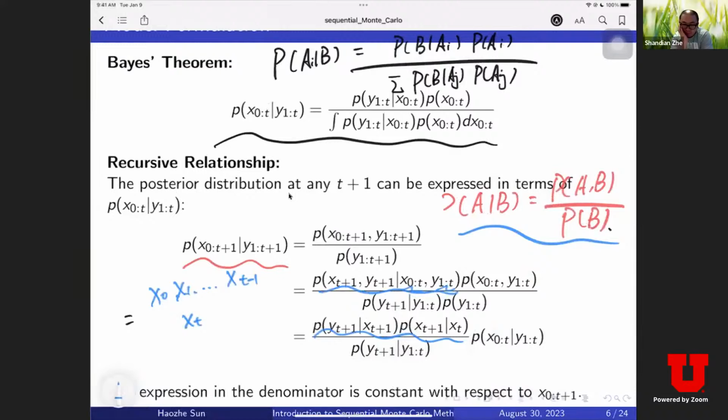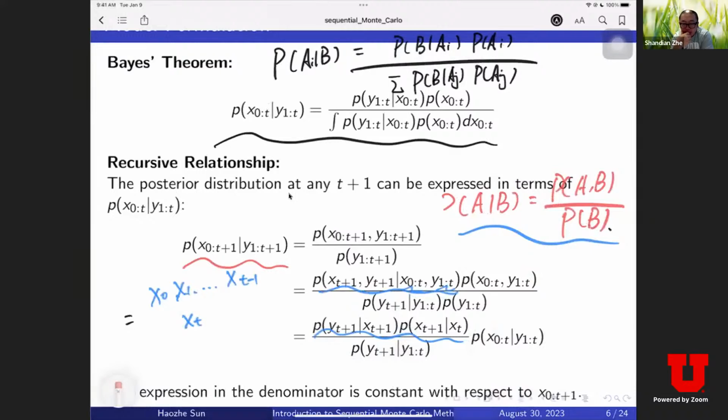It is the probability of the state going from xt to xt plus 1, and given xt plus 1, the probability of observing yt plus 1. Any question?